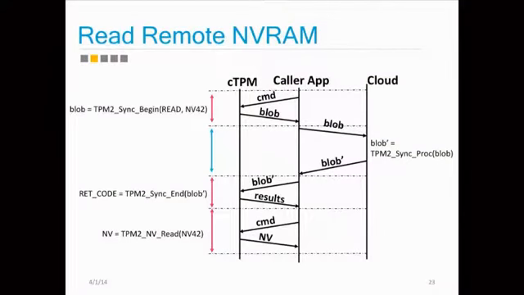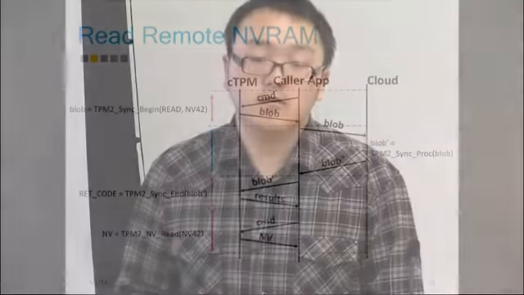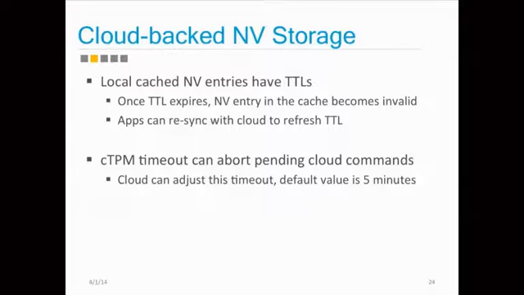If the return code is a success, that means the synchronization protocol successfully synced the local TPM cache with the cloud-side persistent storage. Now, in the final phase, the caller app can issue NV read to read the content from this local cache. In our remote NV storage design, all the local cached NV entries will have TTL values.